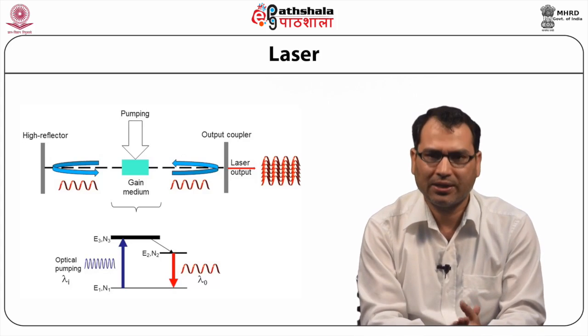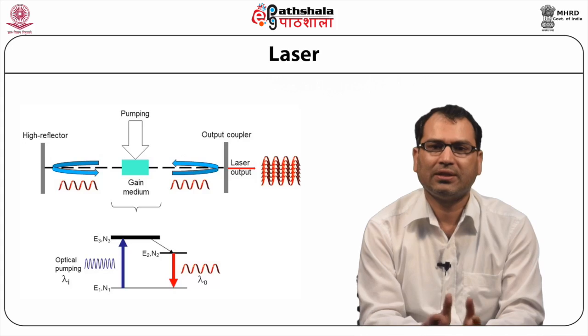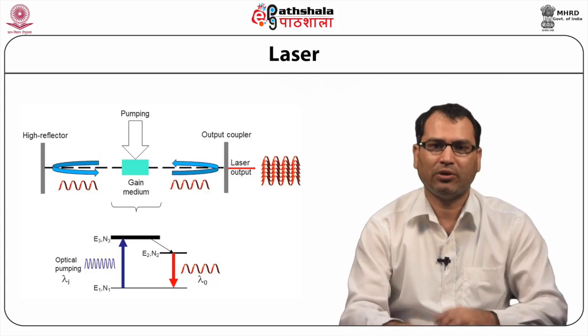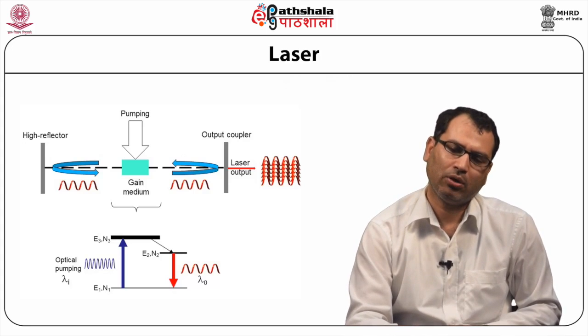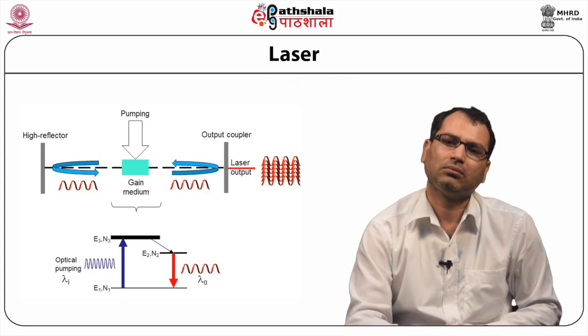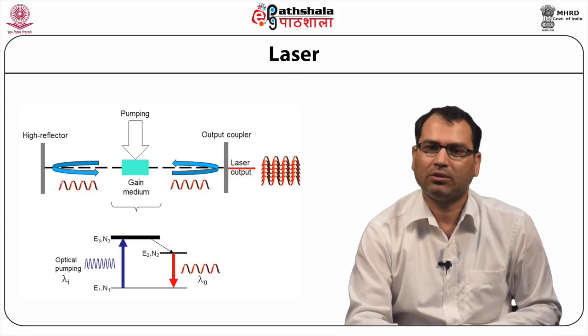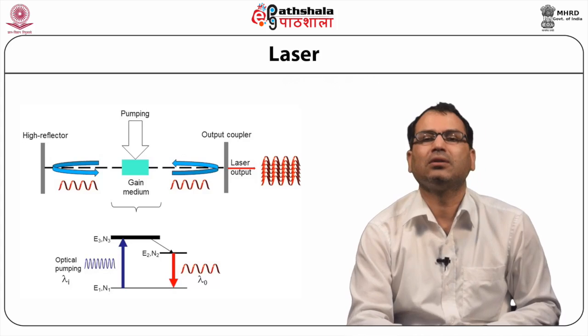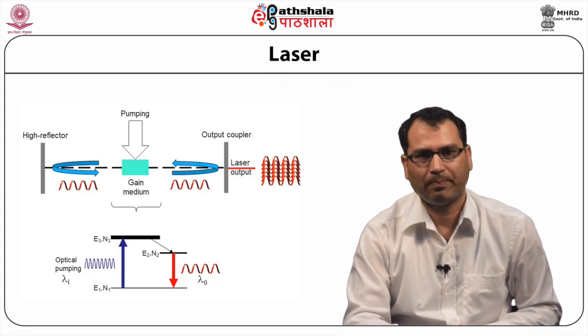The demarcation line for them is such that low power lasers are not harmful for your skin or for your eyes, but beyond a certain intensity level, every laser is termed a high power laser, which one has to be very careful in handling to avoid damages and so on.